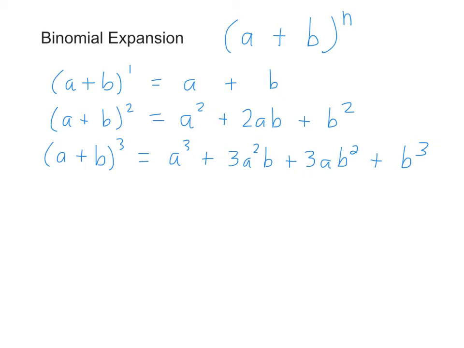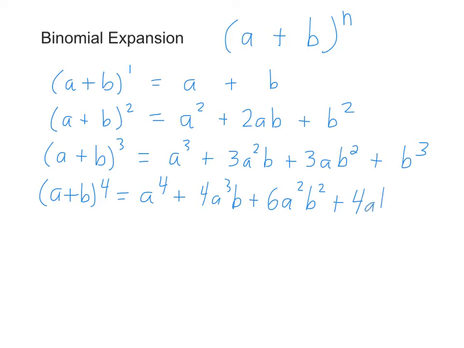One more time, if you were to do a plus b to the fourth power, and again just do a whole series of distributing and combining like terms, you would get a to the fourth plus 4a cubed b plus 6a squared b squared plus 4ab cubed plus b to the fourth.